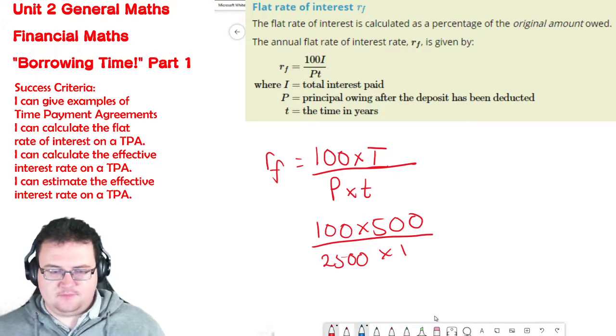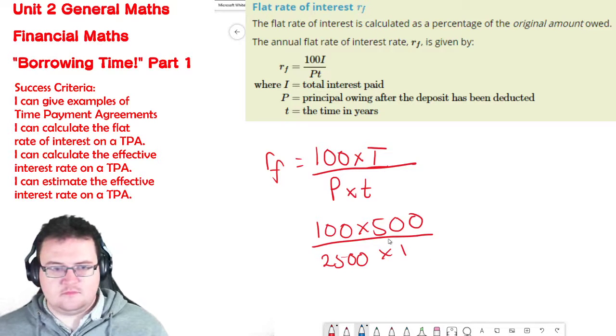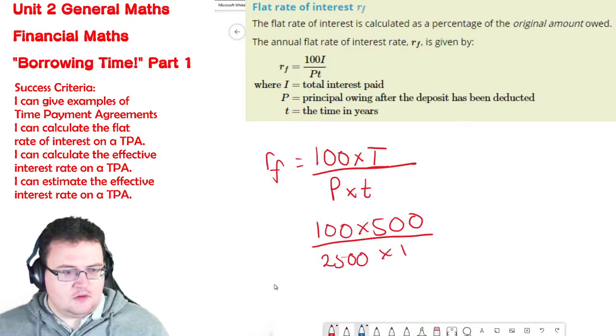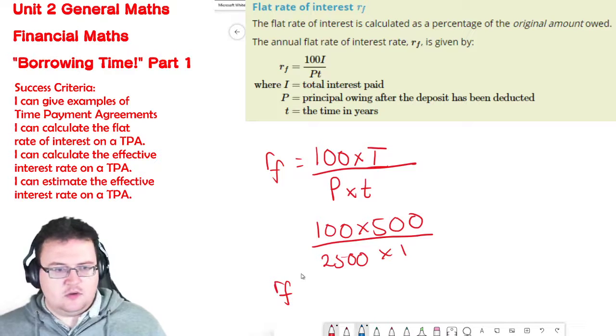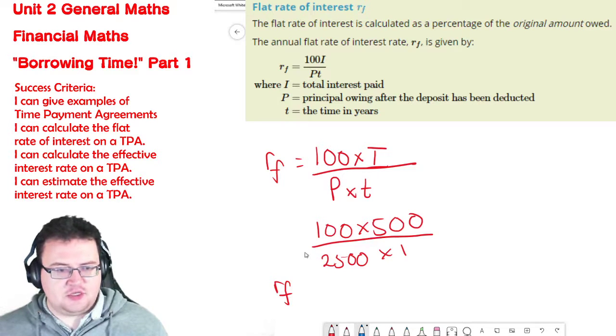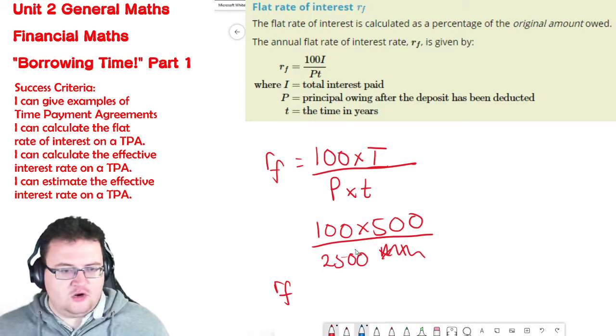So, what's my answer? What is my flat rate of interest? 100 times 500 divided by 2,500 times 1. So the times 1 can go away. We don't need that. We can cross off a 0 here and a 0 here, and a 0 here and a 0 here.